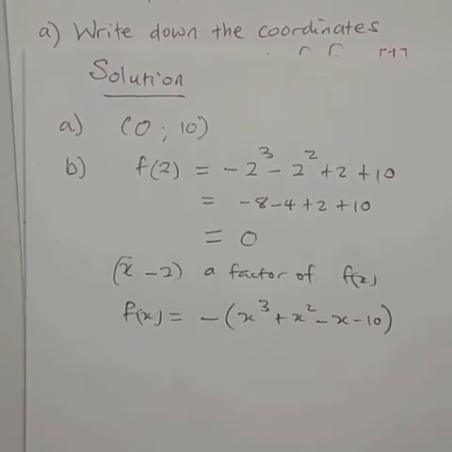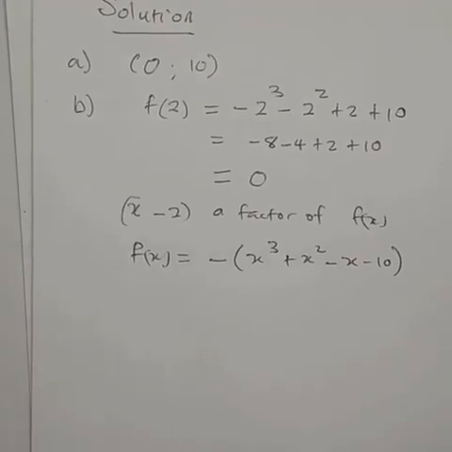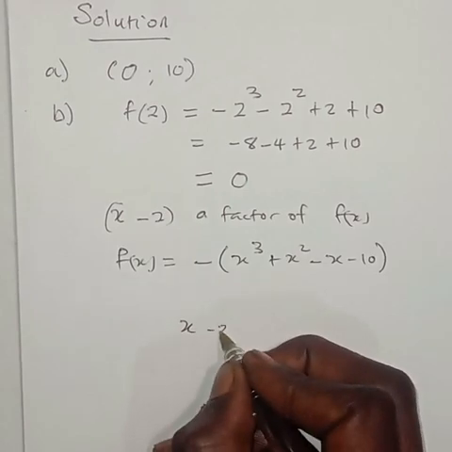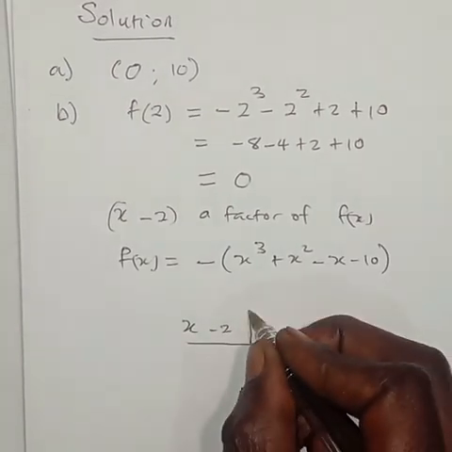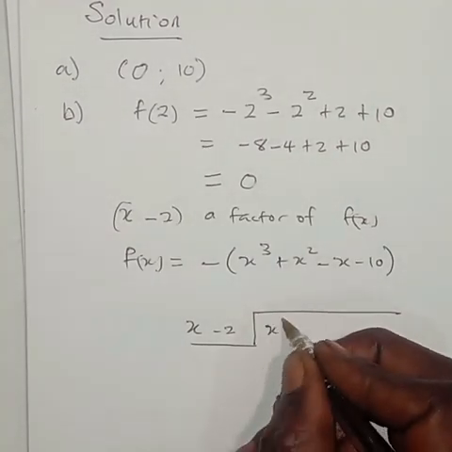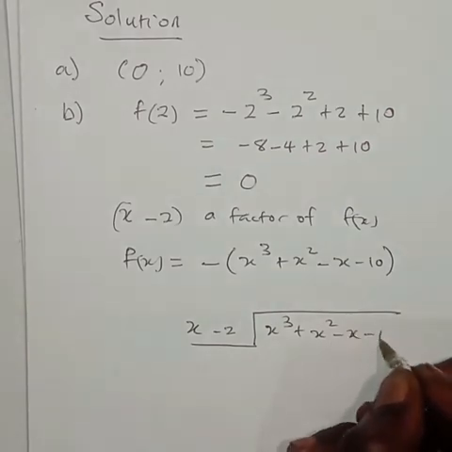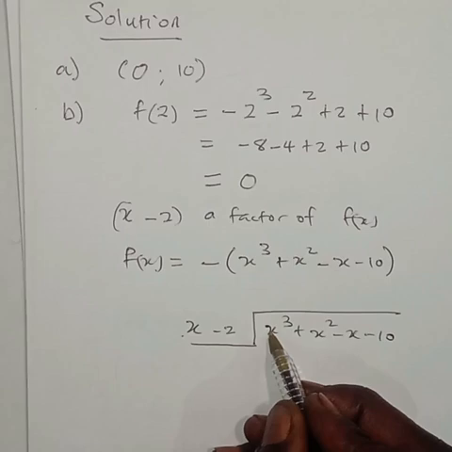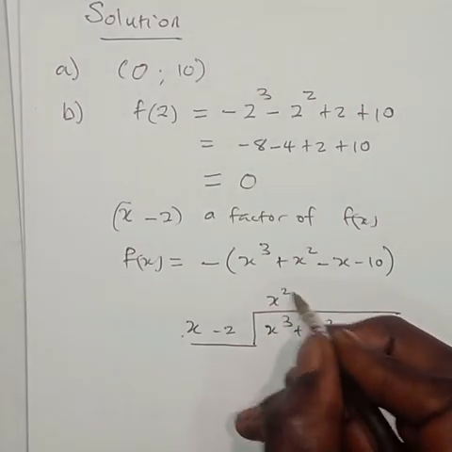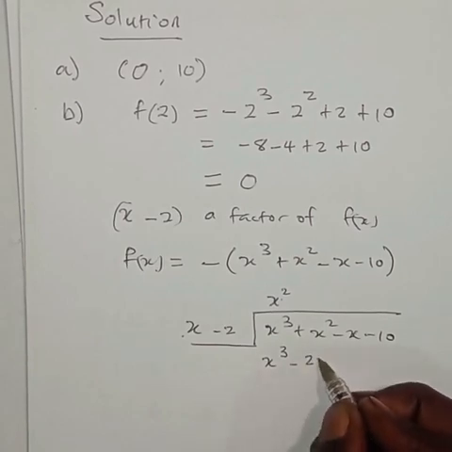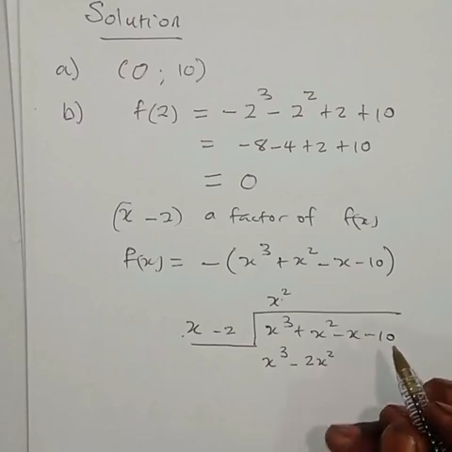Okay, so now my long division method. I will put x minus 2 there, dividing x to the power of 3 plus x squared minus x minus 10. x into x to the power of 3 gives x squared. I multiply this and that, x to the power of 3 minus 2x squared.